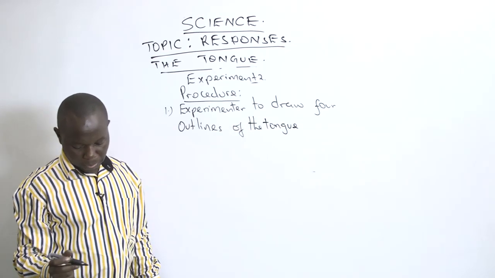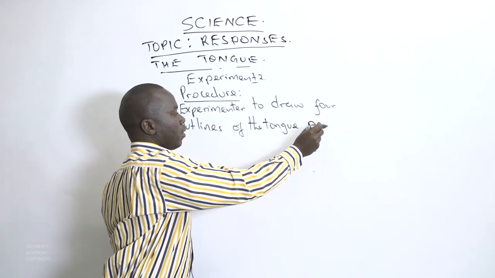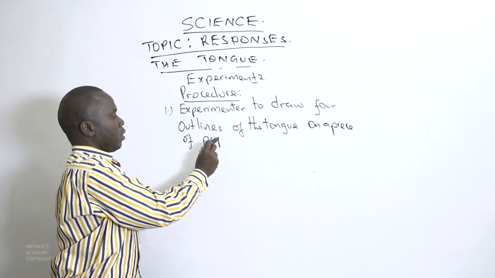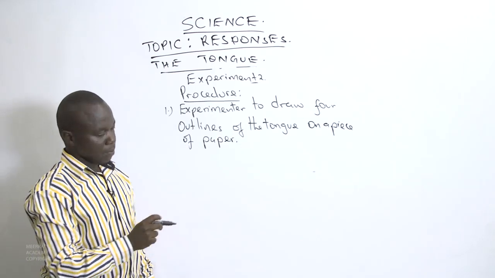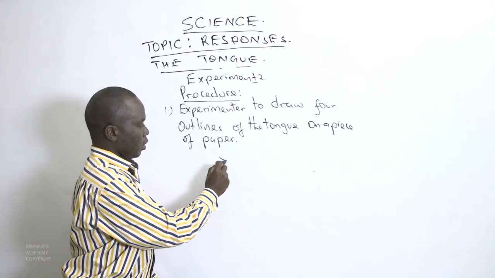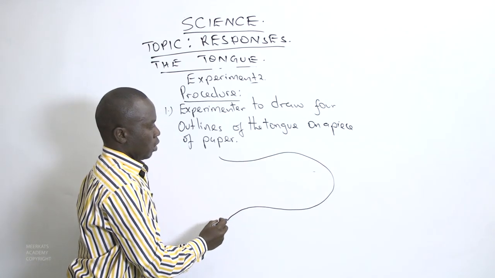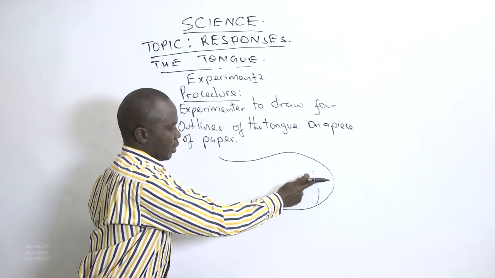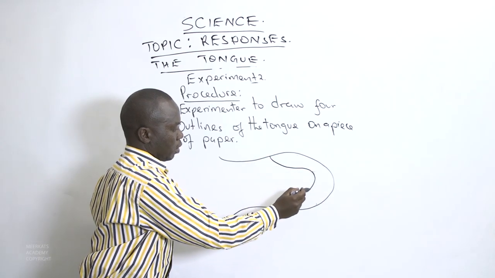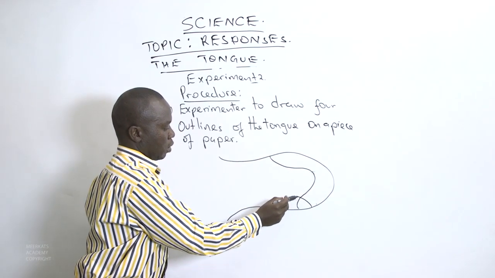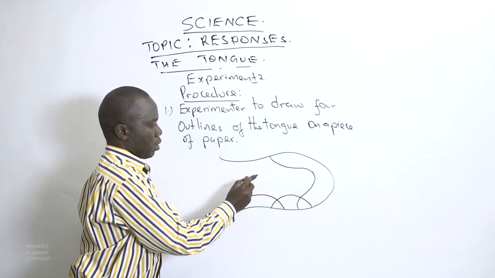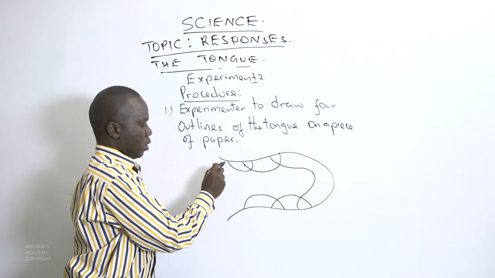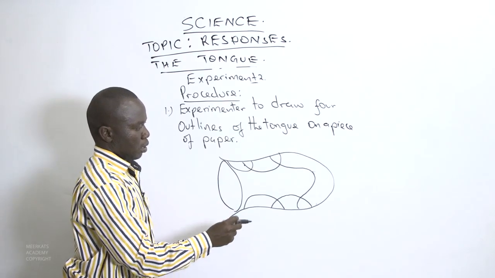Outline of the tongue on a piece of paper. So we can do this with 4 outlines.